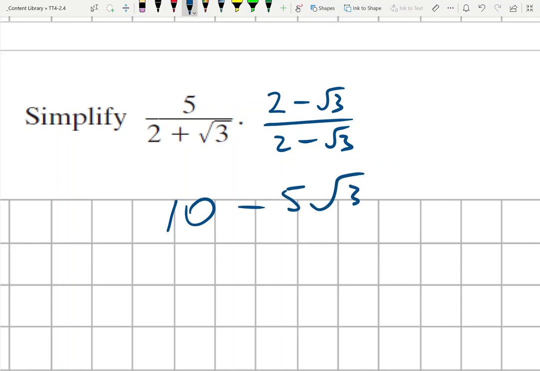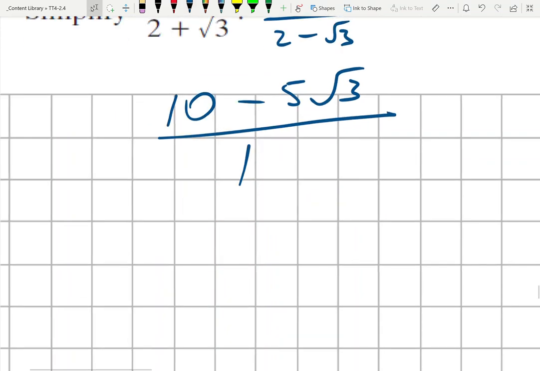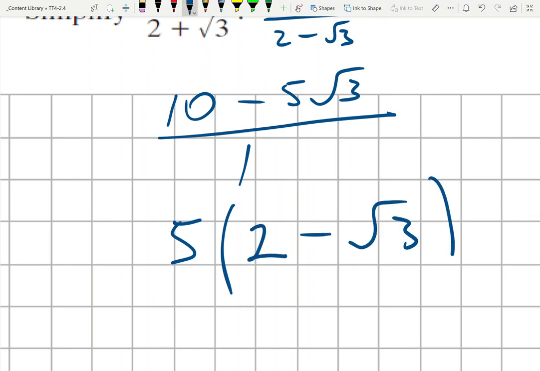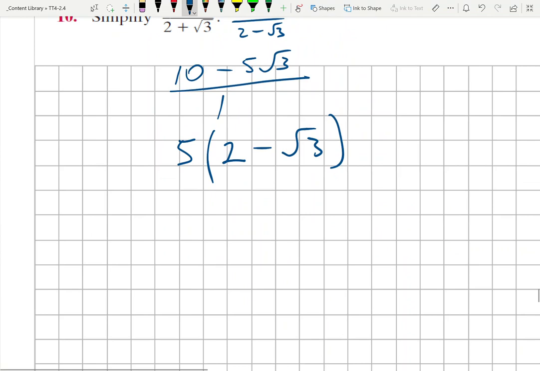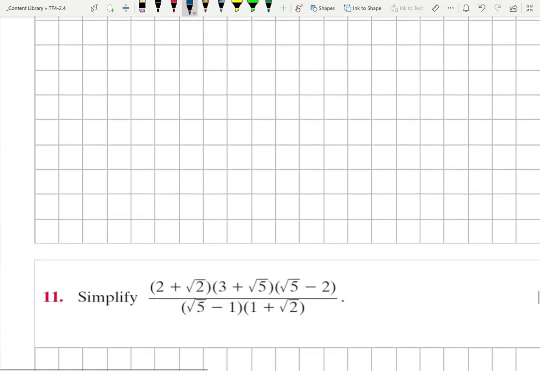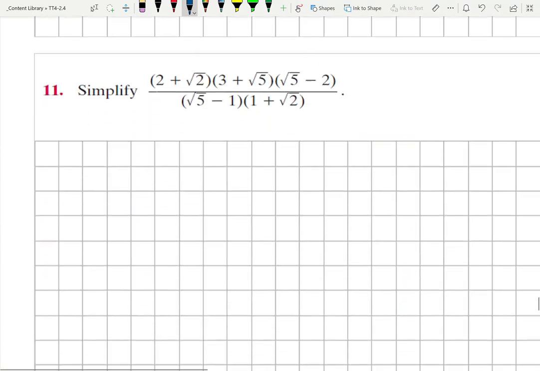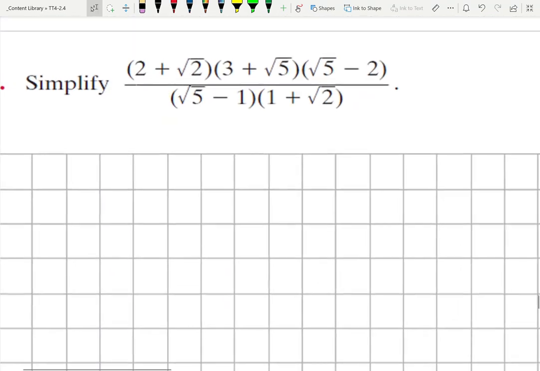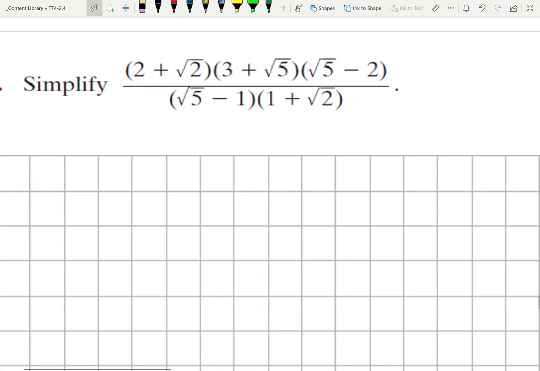Well, what's our strategy? Are we going to need a 1 minus root 2 and a root 5 plus 1 at the bottom?